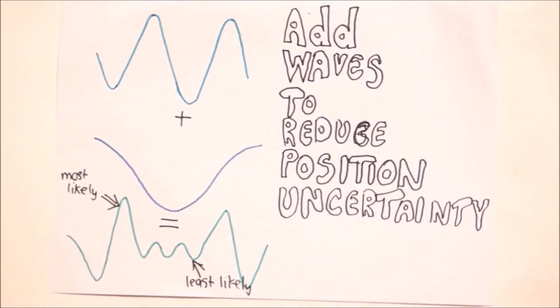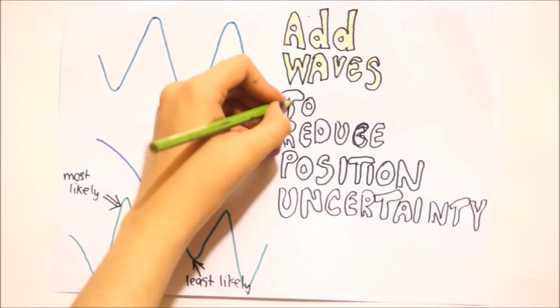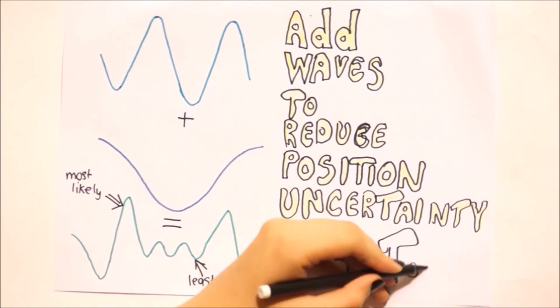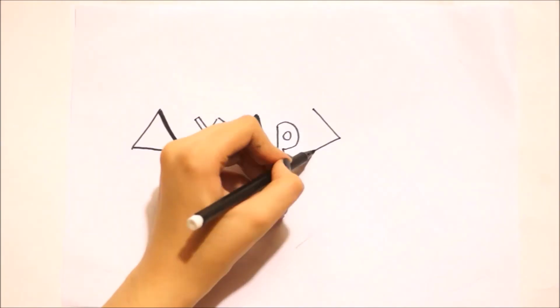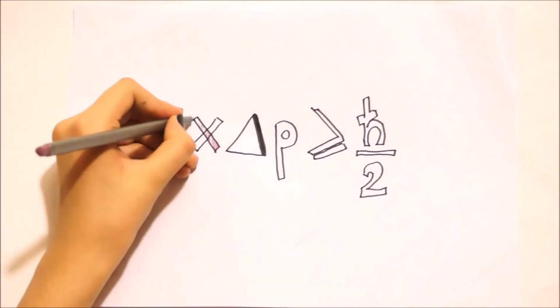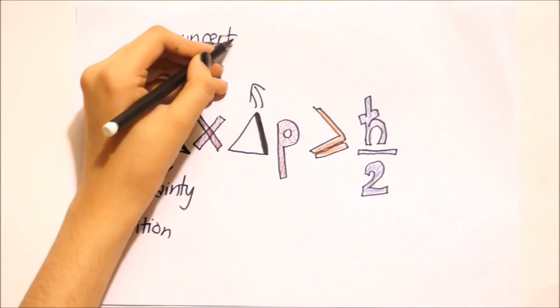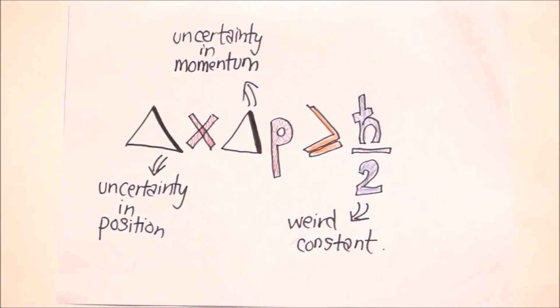We kept adding waves over waves, but that means we no longer have an accurate wavelength. And an uncertainty in wavelength means an uncertainty in momentum. The same thing applies the other way around. By decreasing the uncertainty in momentum, you increase the uncertainty in position. And all of that information can be described in this equation.